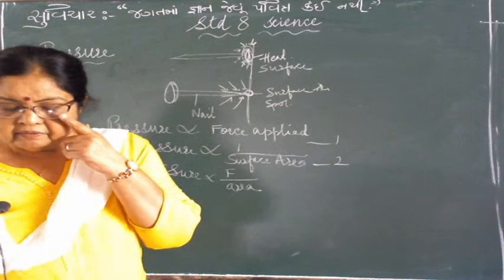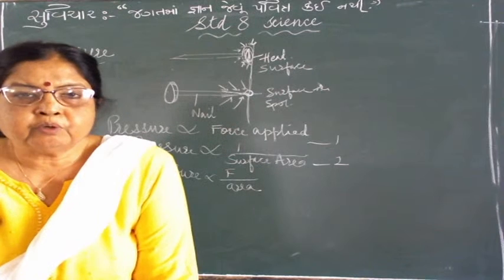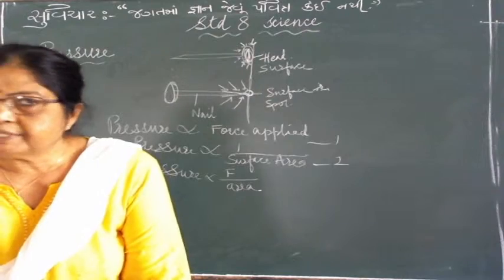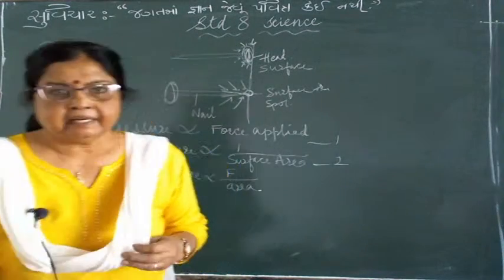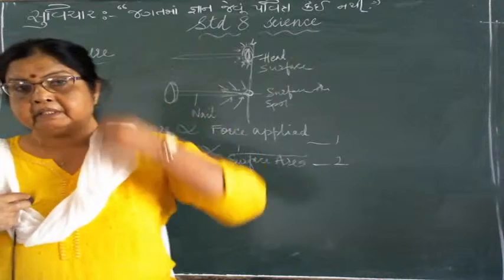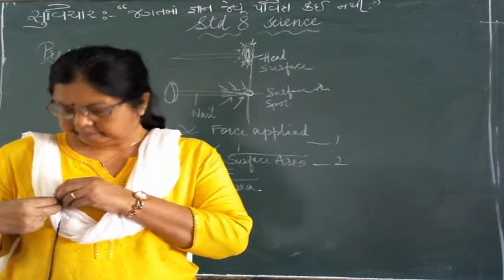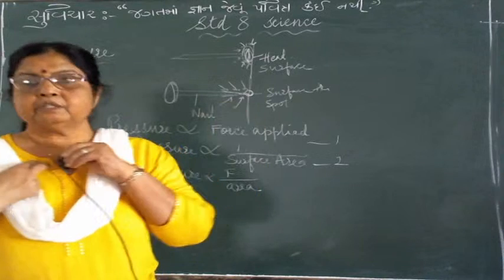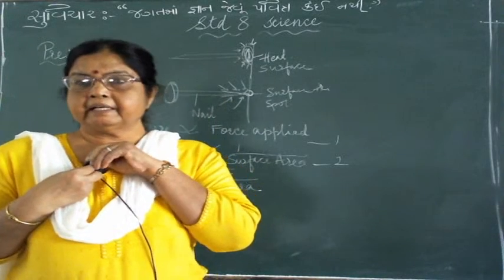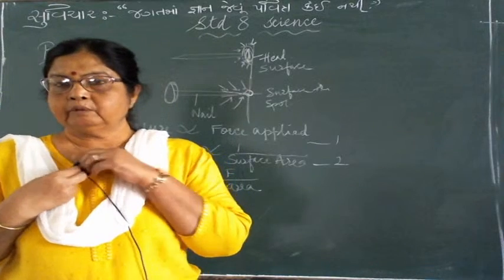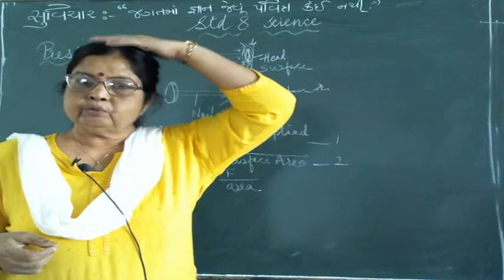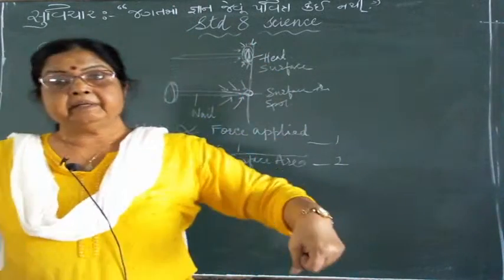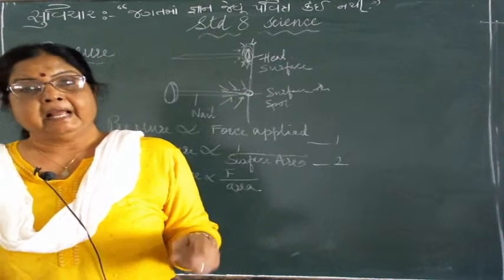Alright. A very good example is given in your textbook also. Have you seen the porter at the railway station? We have seen porters, and they tie a turban when they carry the load. They carry so much load for us. When we ask them to carry the load, they put 2-3 bags on their head. How is it possible that we are not able to carry them and they are able to?